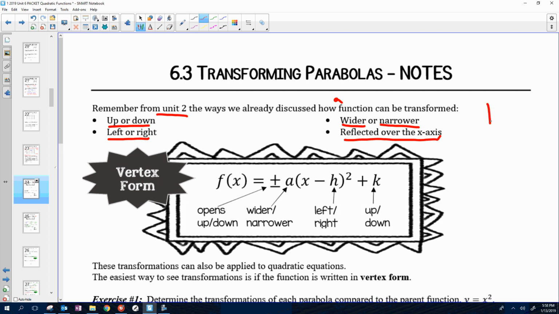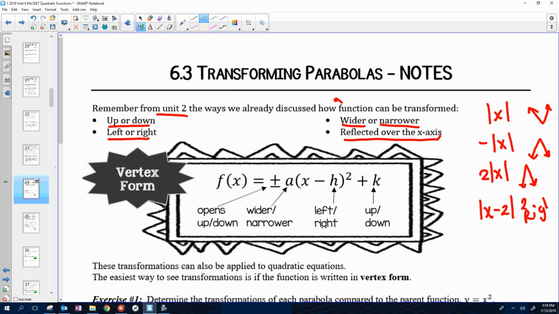You might want to think back to the absolute value of x function and how a negative in front would make it be upside down, and how the 2 in front changed the slope of these lines so it would get steeper, and how a 2 inside with a minus would make it go 2 to the right, and how a 2 outside with a plus would make it go up 2.